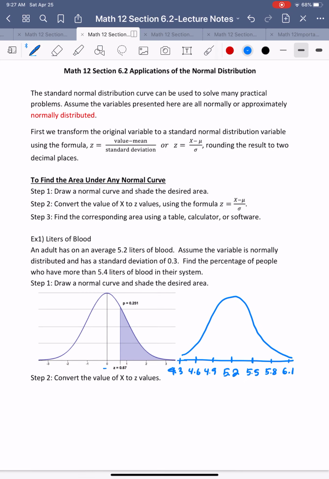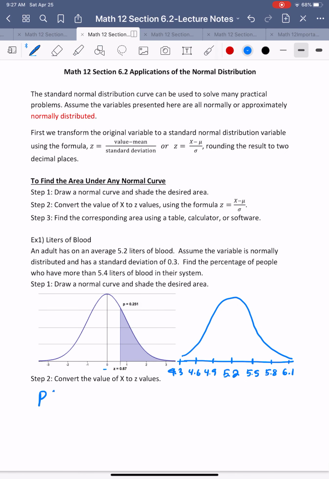So do the conversion. So P of x is greater than 5.4, because it says more than 5.4.